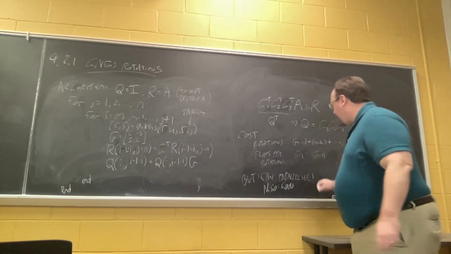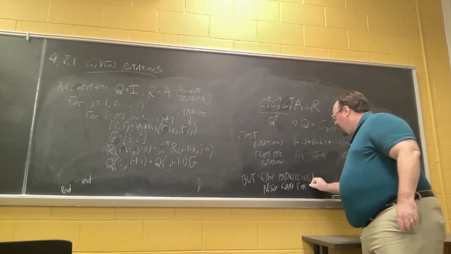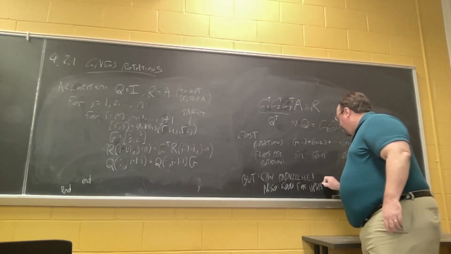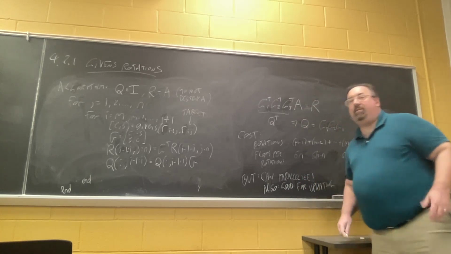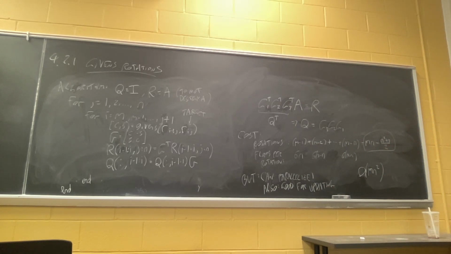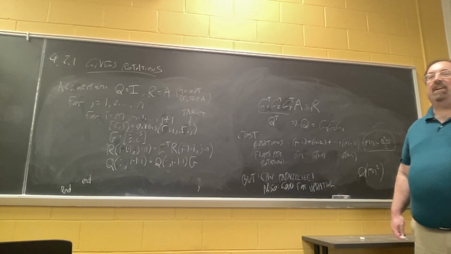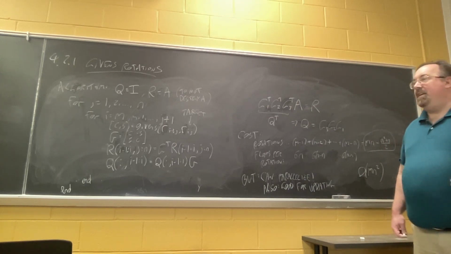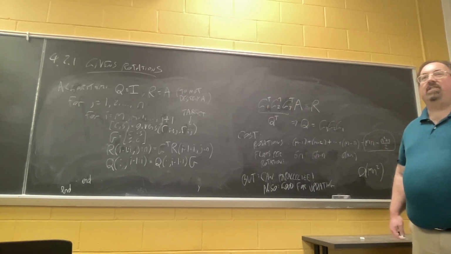Another use of Givens rotations is updating an existing QR factorization. For example, suppose you have a matrix A and you take its QR factorization, but then you change the matrix in some way, like you add a row or add a column. You don't have to compute the QR factorization all over again.